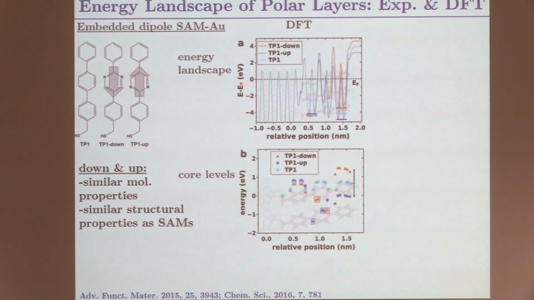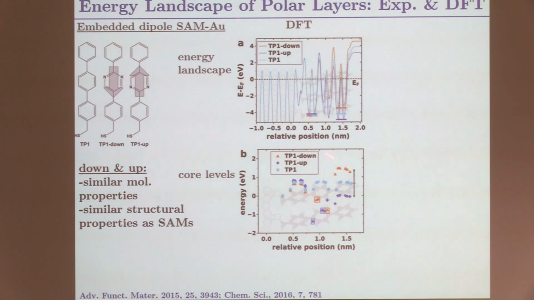Here you see the energy landscape, this plane average electrostatic potential of the molecule layers on the surface. And we see that they are very similar when we look at the region here. But then after the dipole, looking here, you see there is a step in the potential energy.